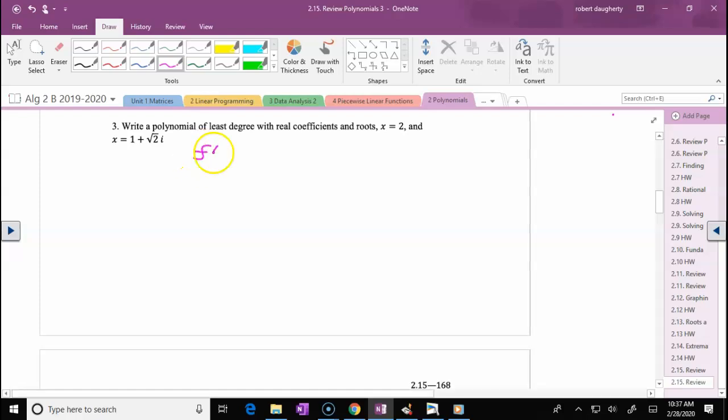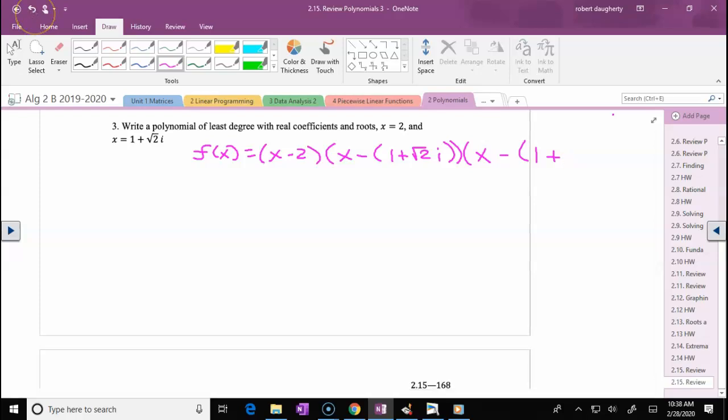So this polynomial is f of x equal x minus 2 and x minus 1 plus square root of 2i. And then I must have x minus 1 plus square root of 2i.